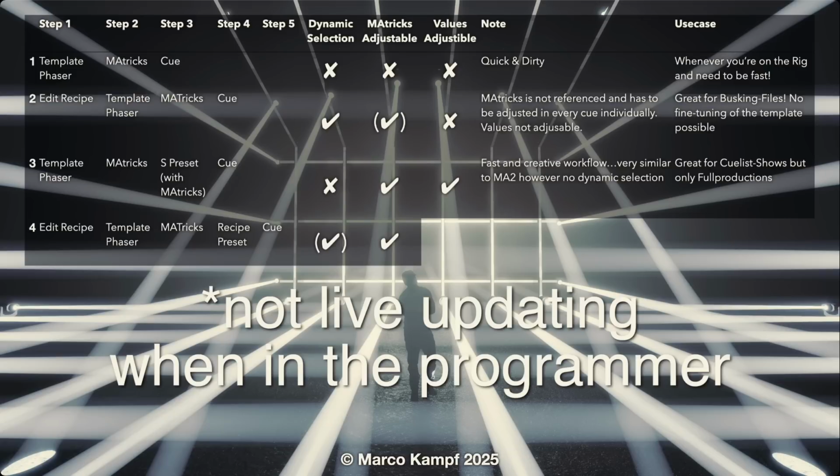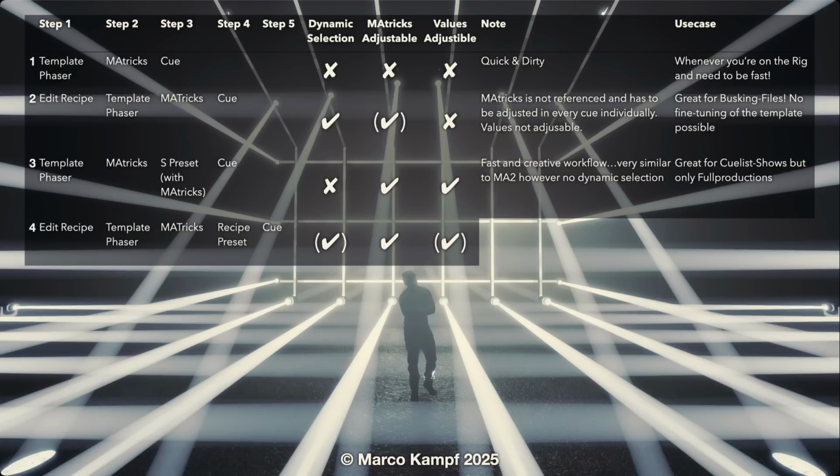However, as you could see, it is not live updating. And the values are also not really adjustable, because once again, like in workflow number 2, we have referenced a template phaser. Of course, we could swap the template for another template, but that is not really what I want. So to summarize, the new selection is only referenced within the preset, but not the actual cue.